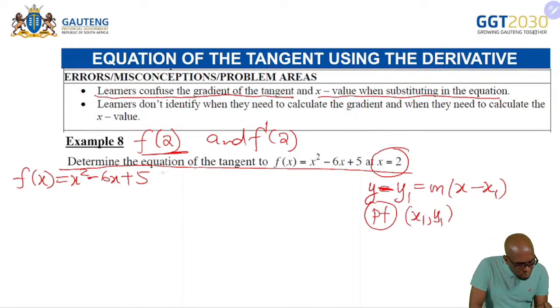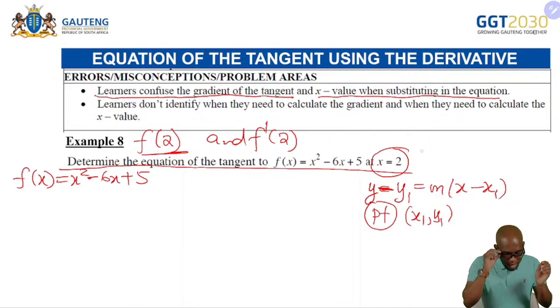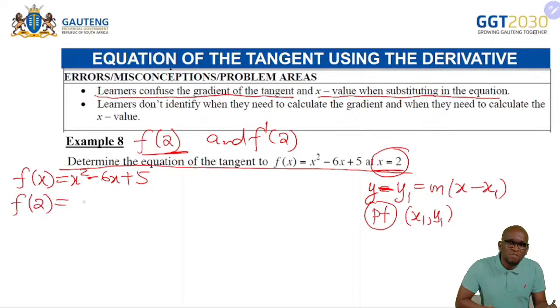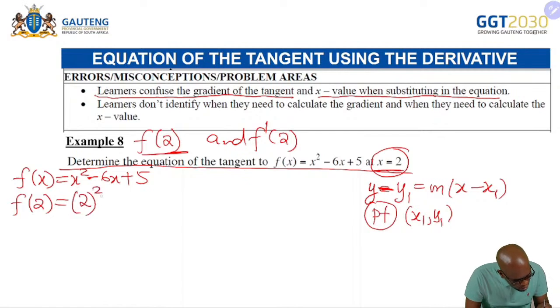So do we have a point in the question? Of course not. We don't have a point. But we have that x is equal to 2. So we can find the point of contact by substituting 2 where we see the function formula. So f of 2 in this case would give me the value of y when x is equal to 2. So I will have that this is 2 squared minus 6 into 2 plus 5.